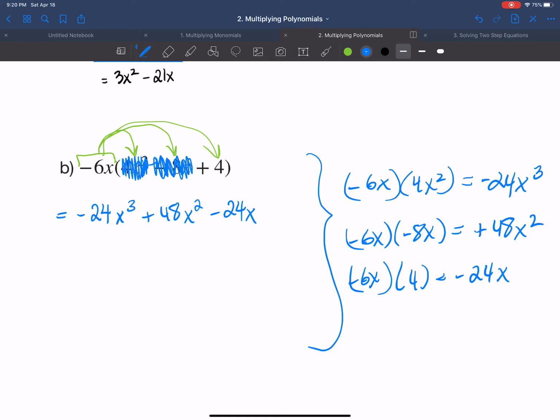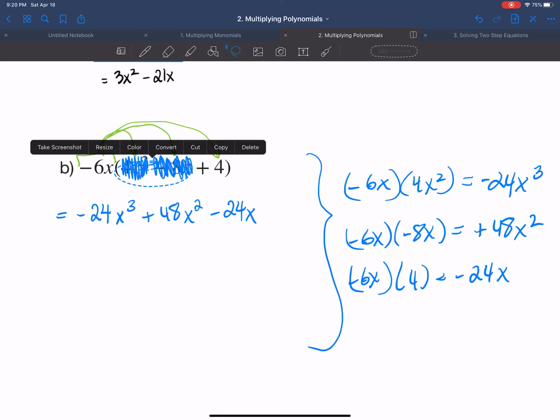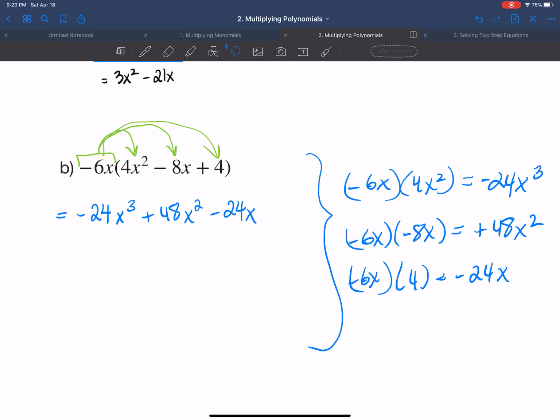So that's where that comes from. Okay. I wouldn't do it like this all the time. Maybe at first, if you want to get more practice and it's easier for you, go ahead and do it this way. But hopefully you get towards this.